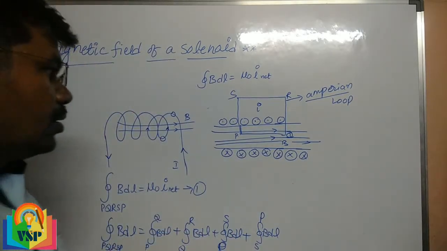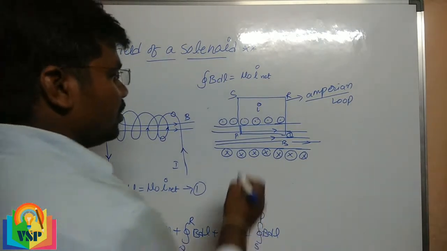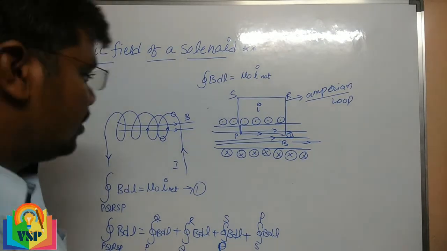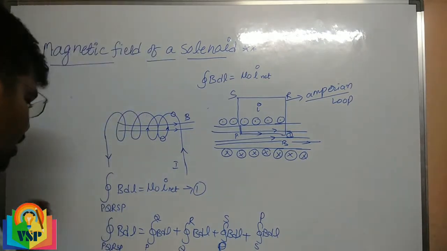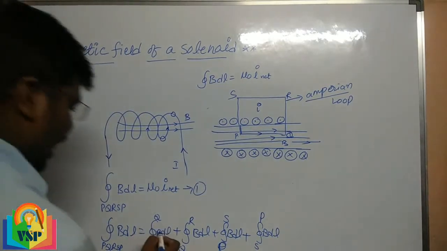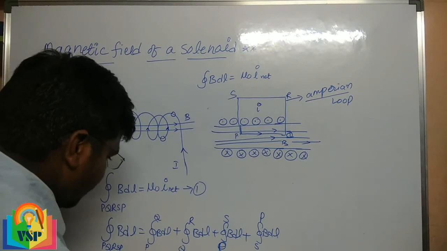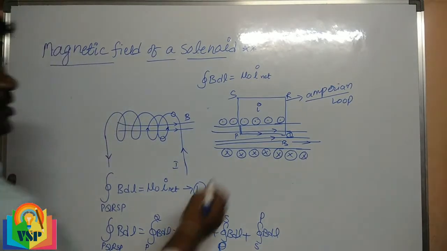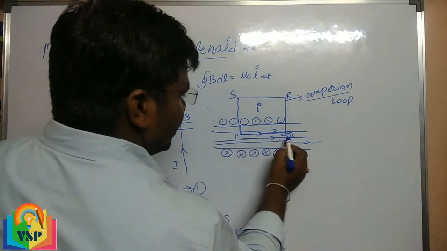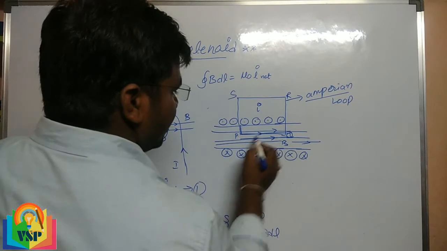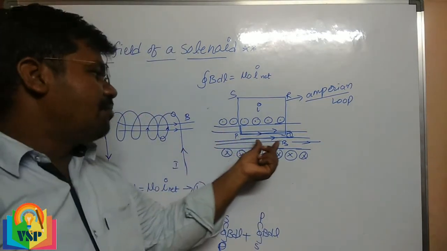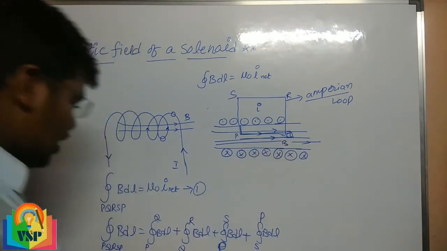Here we can say the angle between dl and B. First case, in P2Q the angle is 0, theta is equal to 0. Here, P2Q is in the same direction, and the magnetic field is also in the same direction. Understand? This Ampere loop's elementary length direction and magnetic field direction have angle 0.